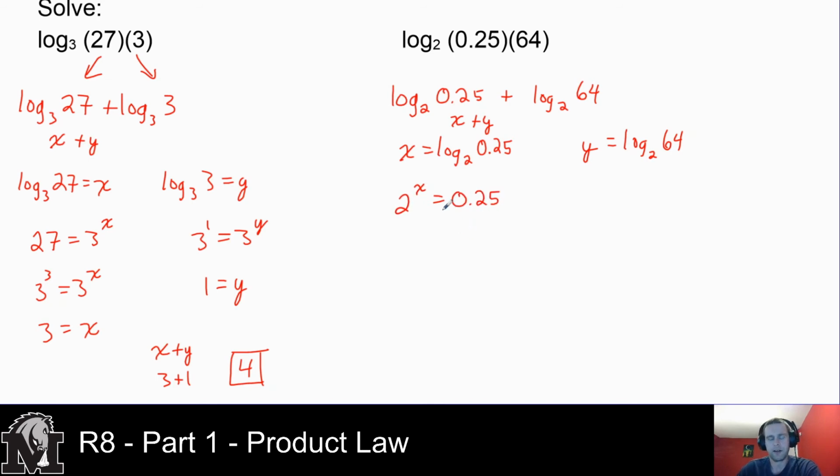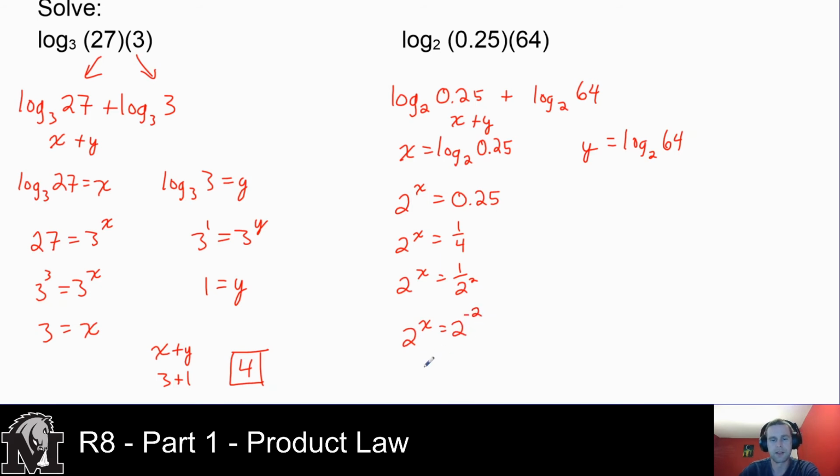I'd find it a little more useful to write this as a fraction. So 2 to the power x is 1 over 4. And then I can write 1 over 4 as 1 over 2 squared. If I want to get rid of this fraction, I can write this as 2 to the power x equals 2 to the power negative 2.